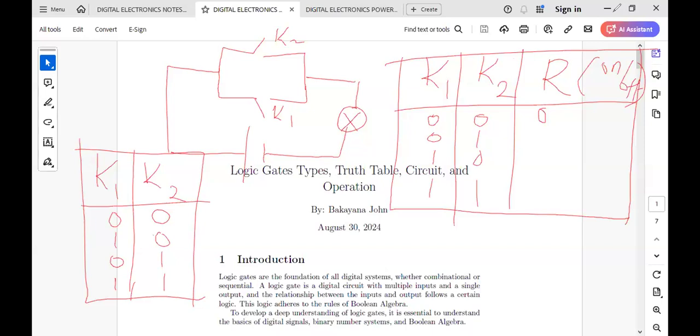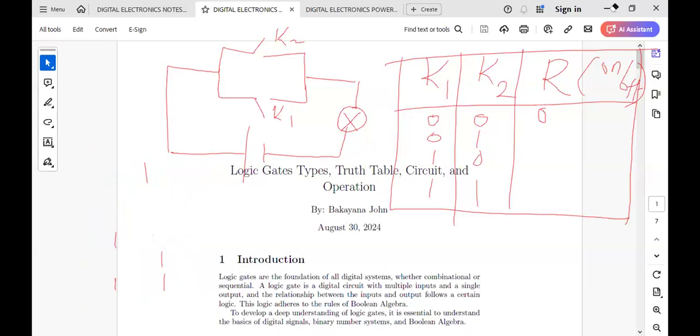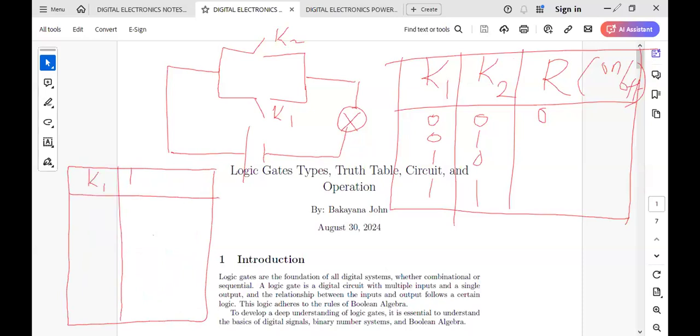Is it okay? There are 4 possibilities. Now, if there are 3 switches, you realize that the possibilities can be that all the 3 are open. You see that?